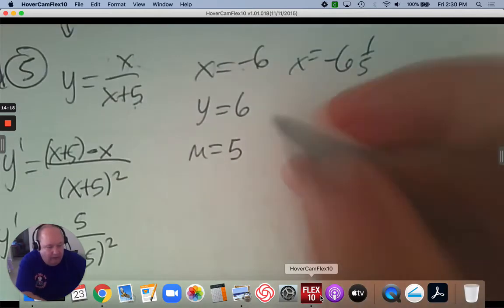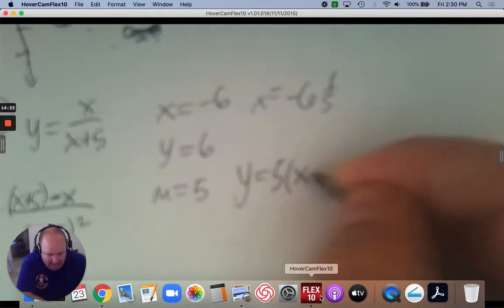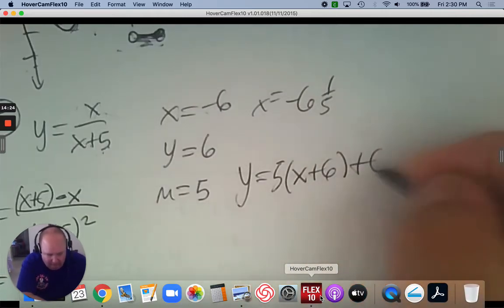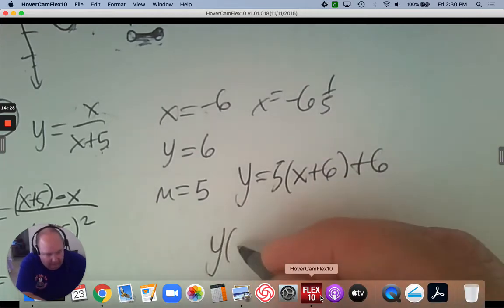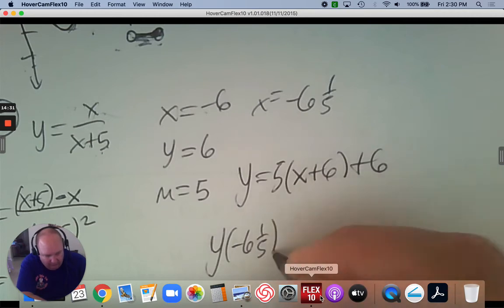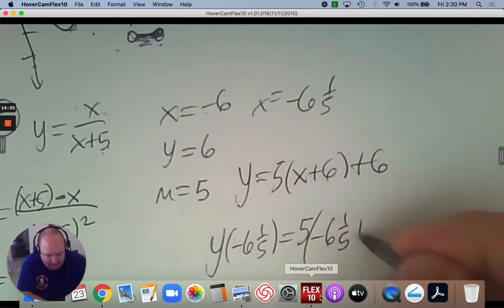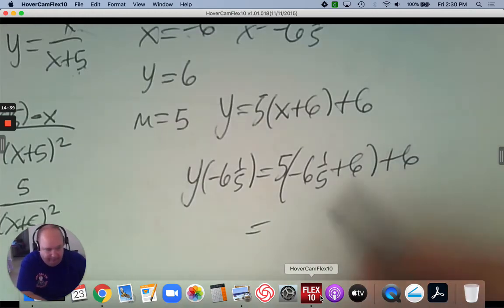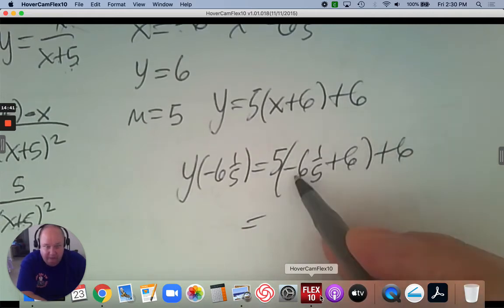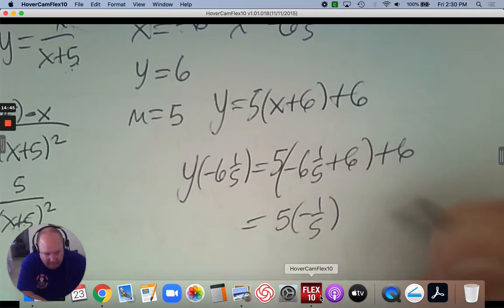What's the equation of a line with those numbers? So it's y equals 5, x plus 6, plus 6. To find the approximate value using that, substitute -6 1/5 in. -6 take away this leaves me with -1/5.